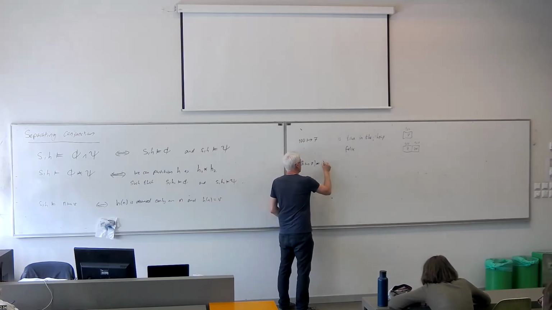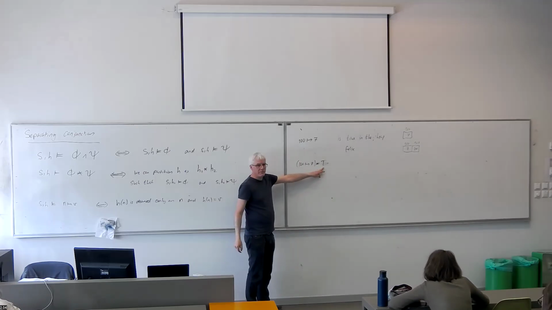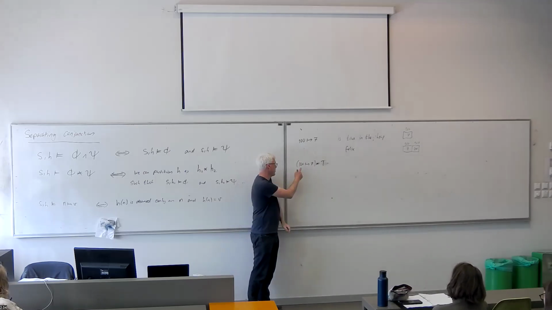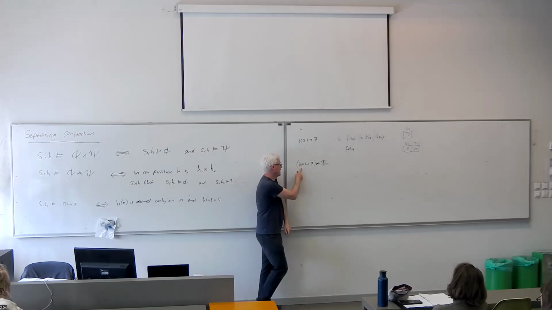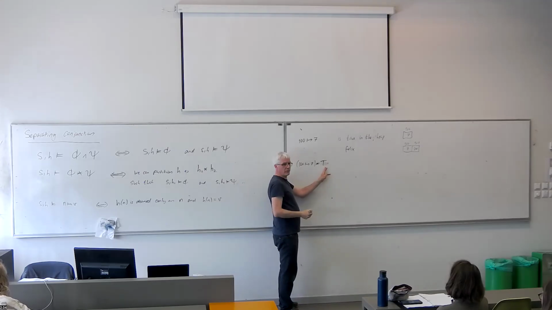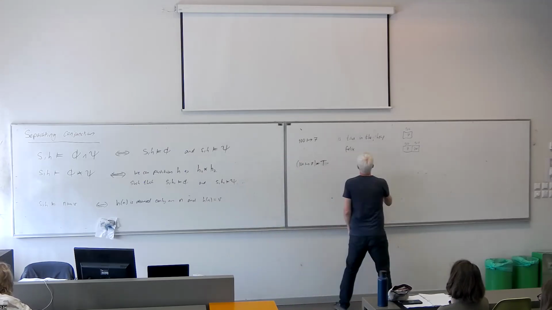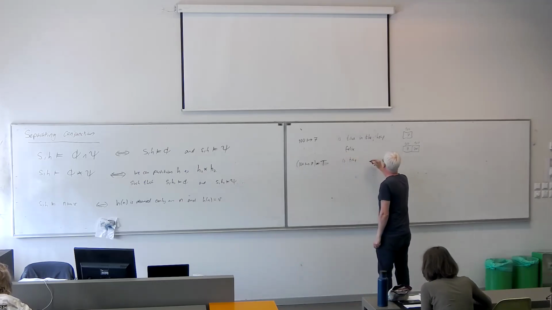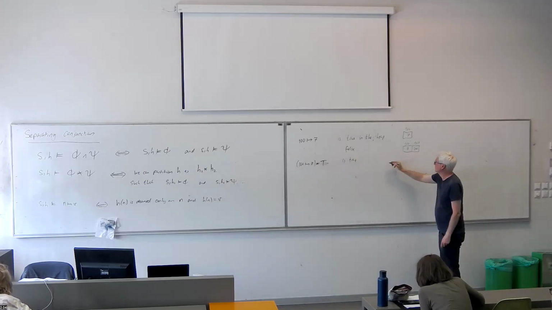This says we can divide the heap into two portions, in one of which just 100 is allocated and this is true, and the other one is true, which is always true. So this is true in this heap.